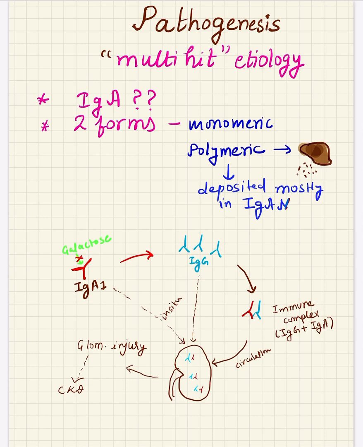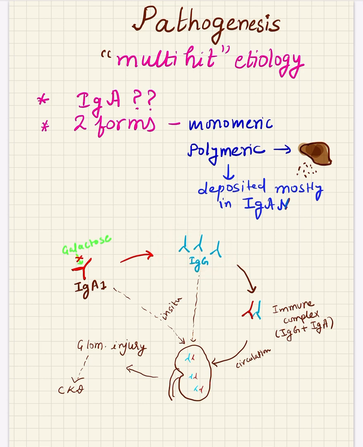They are recognized as foreign molecules by the body, and antibodies are formed against these. So this galactose-deficient IgA1 acts as an antigen, and IgG antibodies are mounted against them.